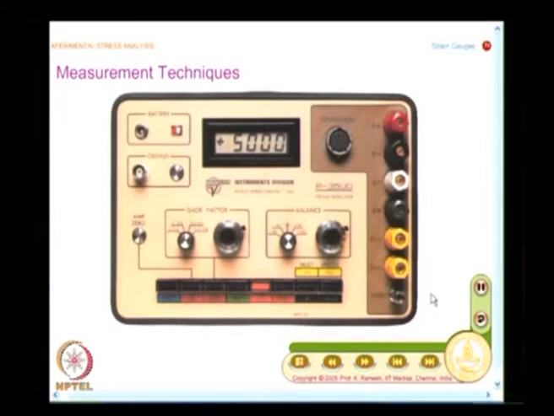Now, we go and look at what the measurement techniques are. I am showing a typical strain gauge meter, and I would like you to draw your attention to a few finer aspects. First issue is, if you look very carefully, this is for 120 ohms and this is for 350 ohms. It may not be clear on the screen, but there are provisions available for selecting internal resistors of 120 ohms or 350 ohms.